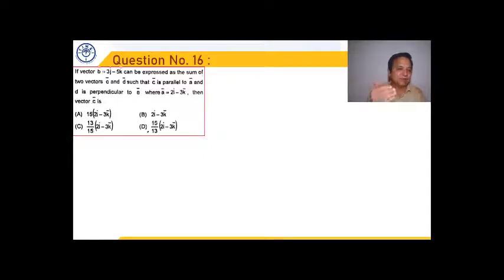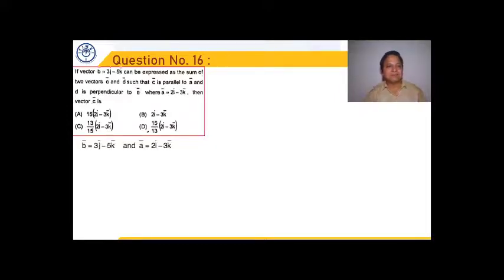Then we have to find the value of the vector C.